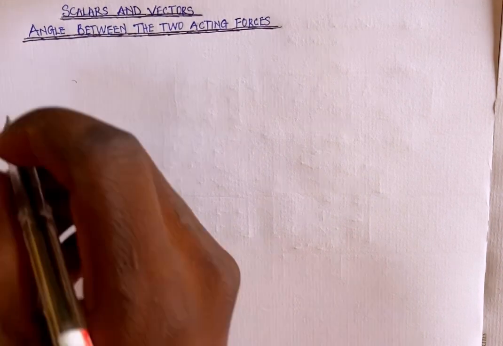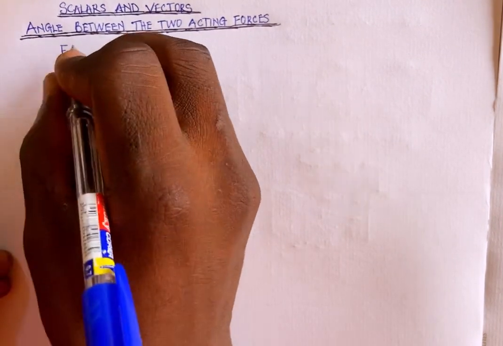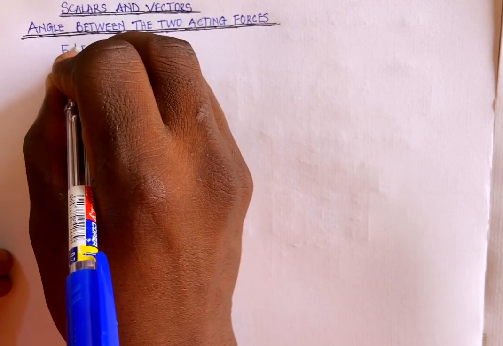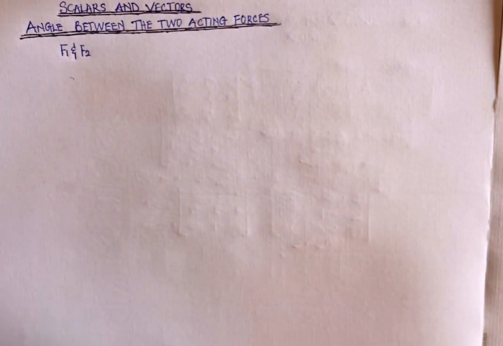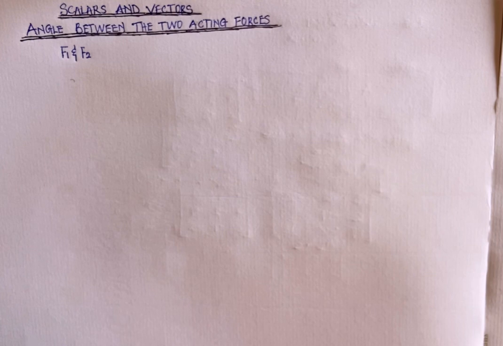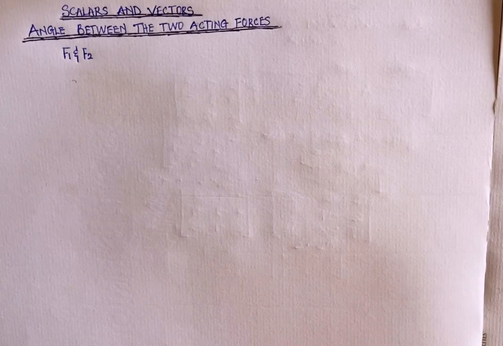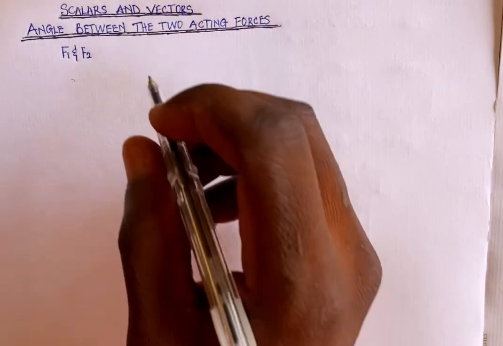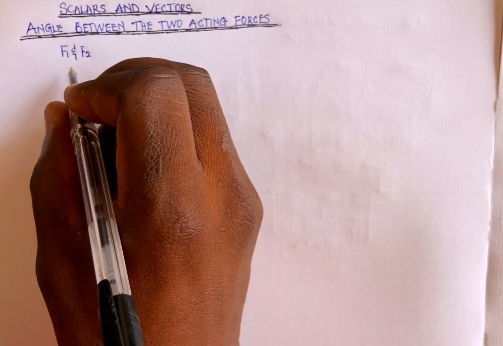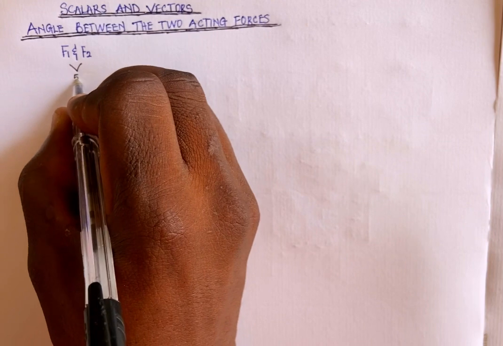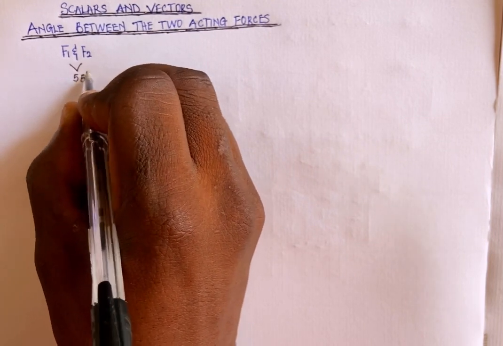Suppose that we have force F1 and F2 acting at a specific angle to each other. Let's say force F1 and F2 are acting at 55 degrees to each other.